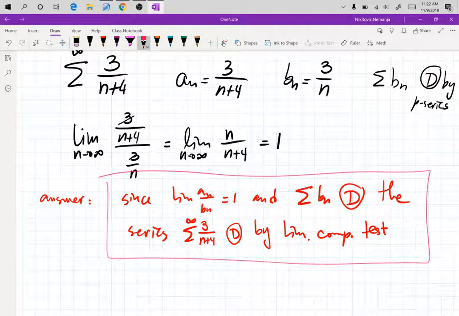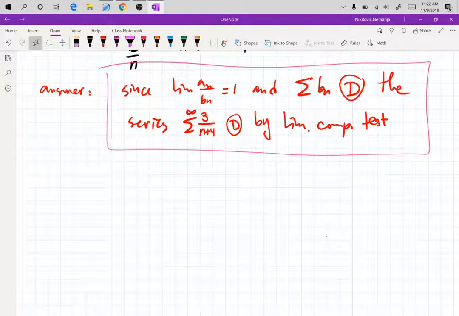You need the limit to be finite. It doesn't have to be 1, it can be anything, but it has to be finite. All right, so now we're going to take a look at two other examples, and then this section is over. That's it. There's nothing else.